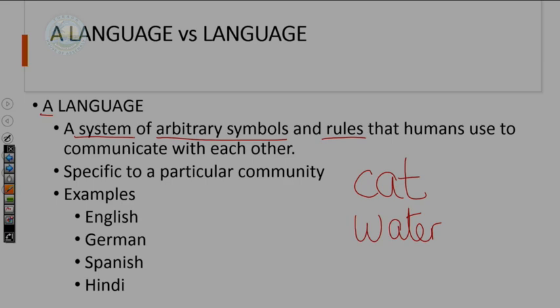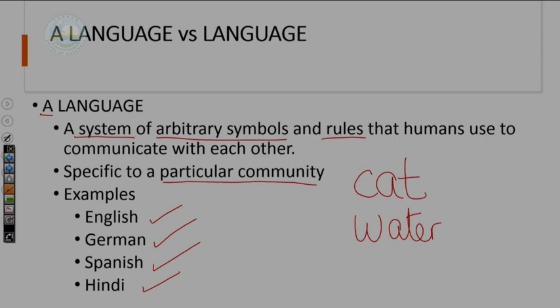A language is specific to a particular community. And when we say that, we understand that within different communities, you can have English, you can have German, Spanish, Hindi. And these are just examples of types of languages. When we say a language, the language is specific to a community within a group of people.